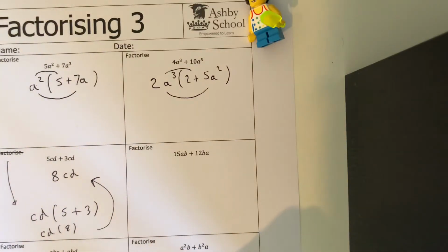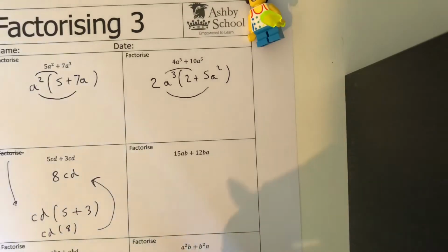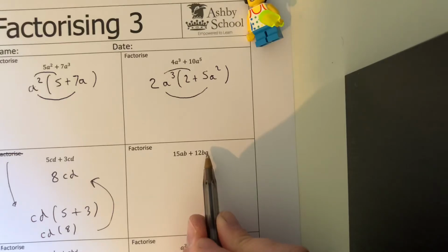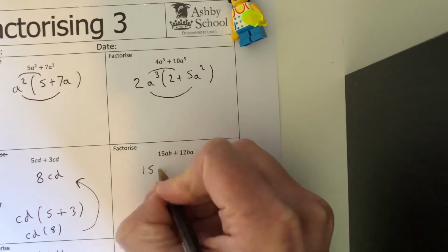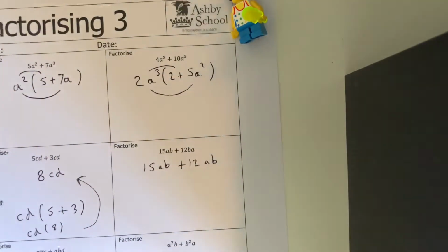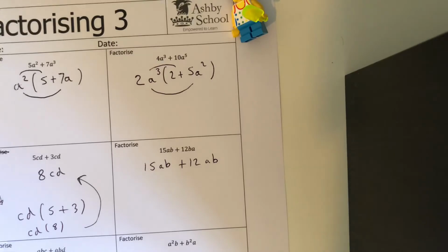This one, again, 15AB and 12BA. I'm really not thinking factorise because we should remember AB and BA are the same. Okay, so I said to you before, if we write the second one, we're always going alphabetical order. 15AB add 12AB. We're now thinking, okay, I don't need to be taking out the ABs from it, or what do 15 and 12 share in common?